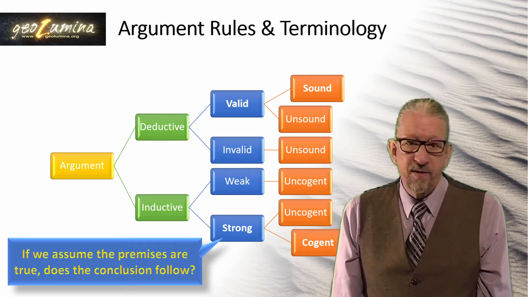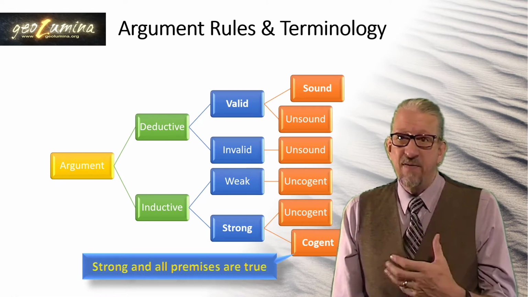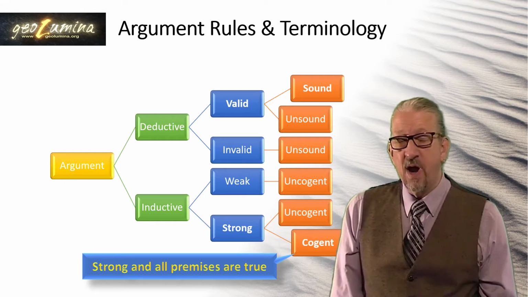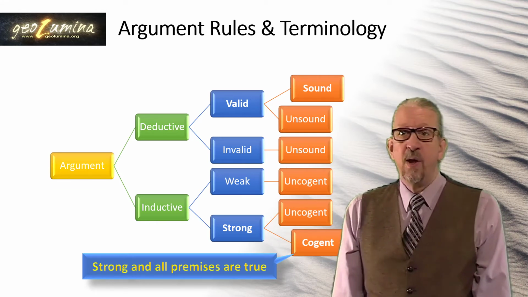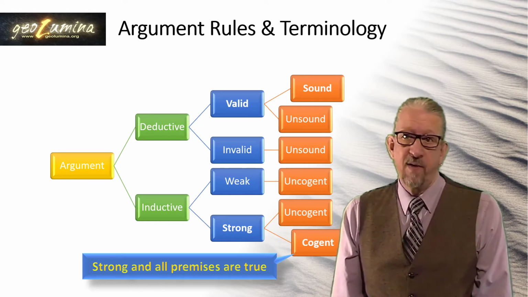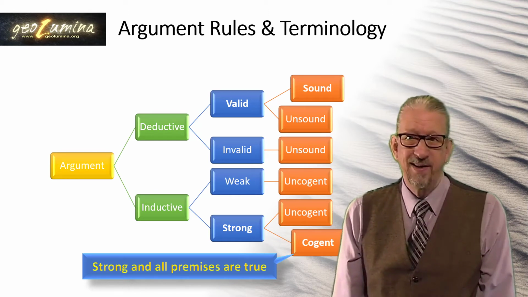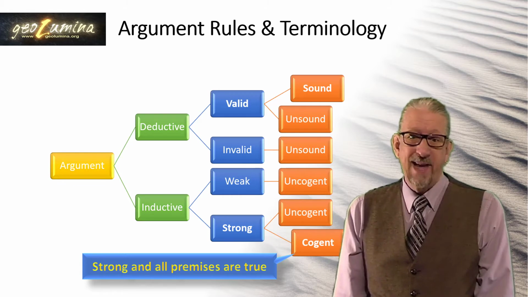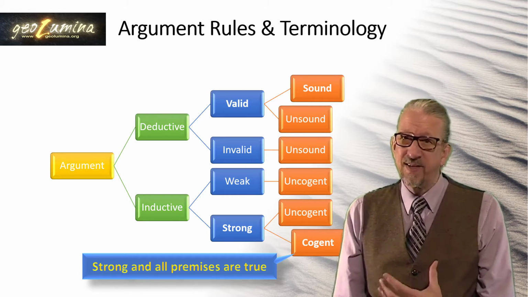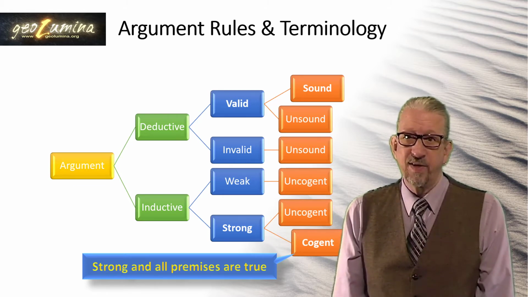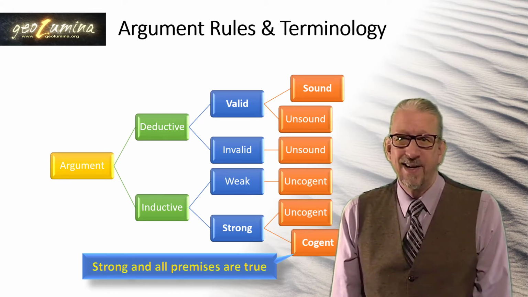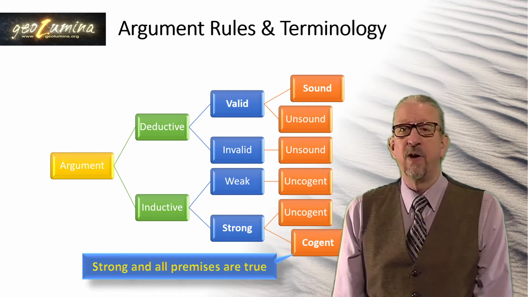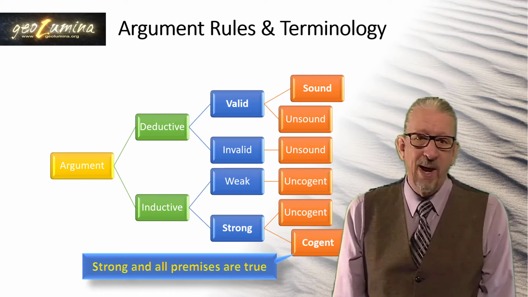Back on our inductive reasoning, if all of the premises are in fact true and the argument is strong, then we will describe this inductive argument as a cogent argument. And again, this is very interesting. This has very specific meaning in the philosophy of science. I actually went and looked these words up in the general dictionaries, and the general dictionaries don't define these words in these ways.